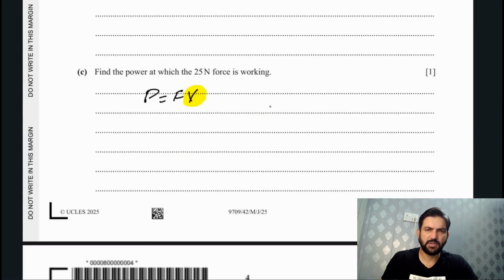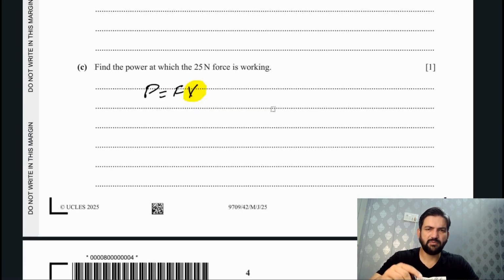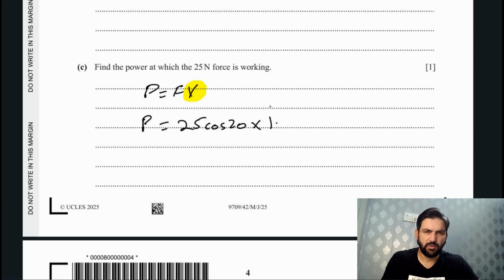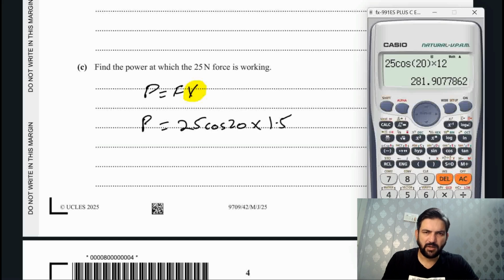For force we have to use the horizontal component of the force. So this will be 25 cos of 20 multiplied by 1.5.